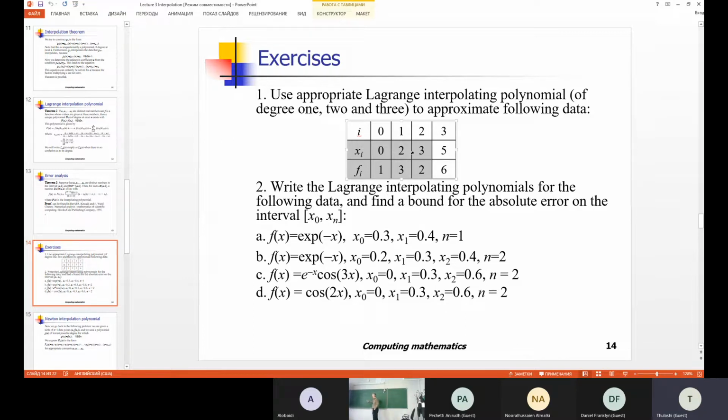If you substitute 2, we have 4 minus 10 plus 6, 0. And if you substitute 3, 9 minus 15 plus 6, 0. Right, this is correct. L1.